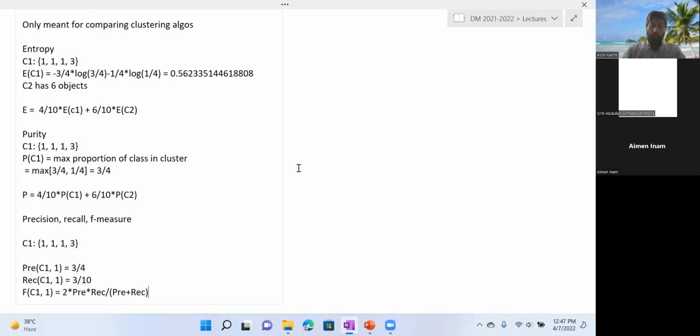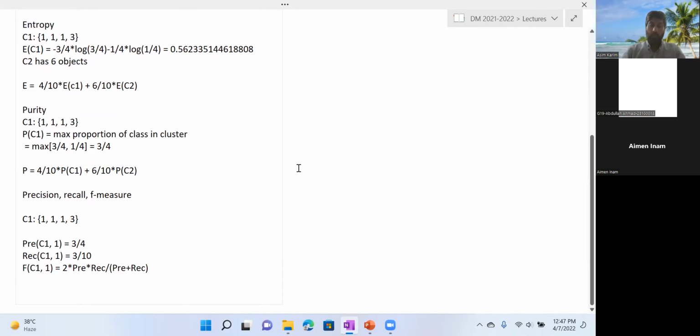So, if you want to take the average over the clusters, if you wanted to find a value for a given class for all the clusters, then you have to do the weighted average as we did before. So for example, let's say I want to compute the recall of the entire clustering. Then this would be, of course, the recall for class 1.